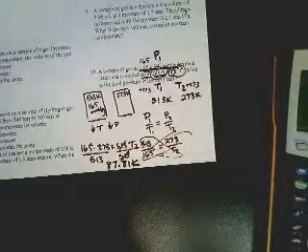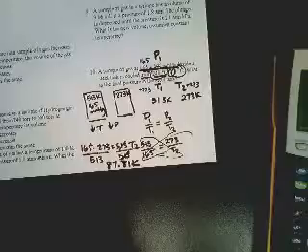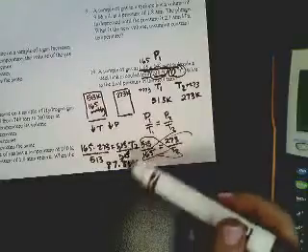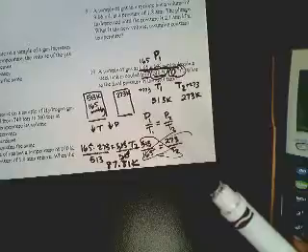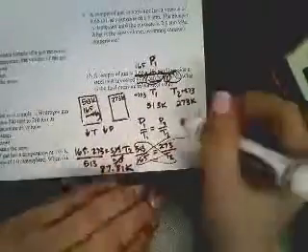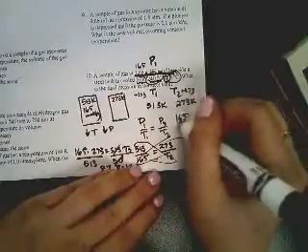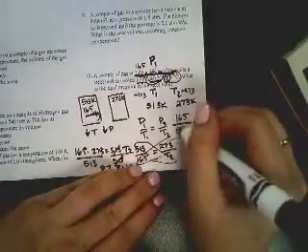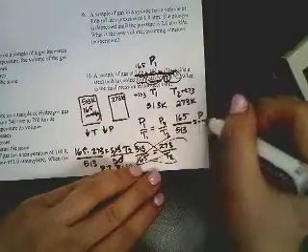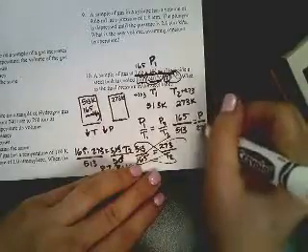Where did I mess up? If you said I messed up because I plugged in temperature instead of pressure, you're correct. I should have plugged in 165 over 513 equaling P over 273.